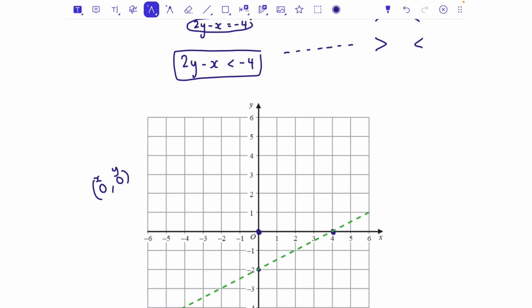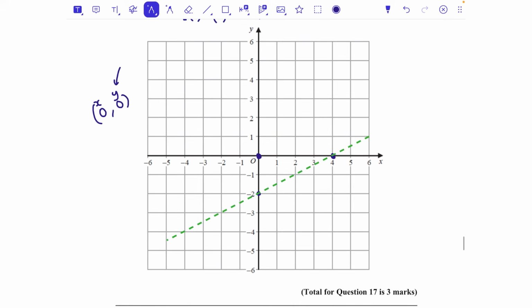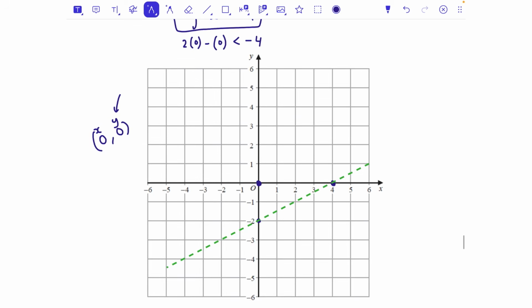So I would like to check, does 2 lots of 0, that's my y coordinate, take away 0, is that smaller than minus 4 or not? Well, 2 lots of 0 take away 0 is 0. Is 0 smaller than minus 4? No, it is not. And so therefore, that point and every other point on that side of the line is no good to me. And if you checked any point on this side of that line, they would all work.